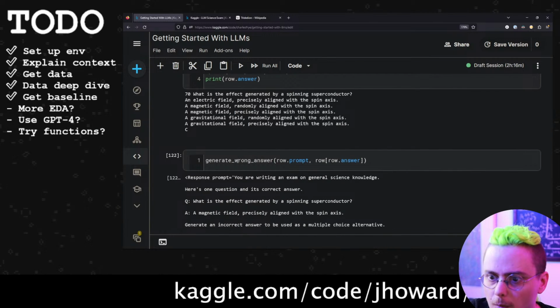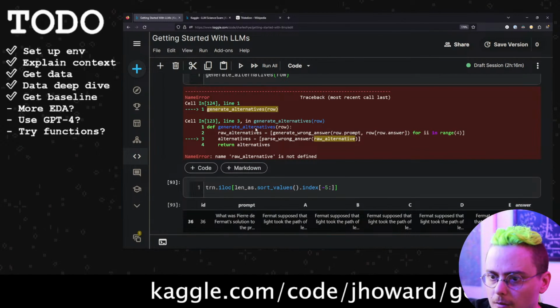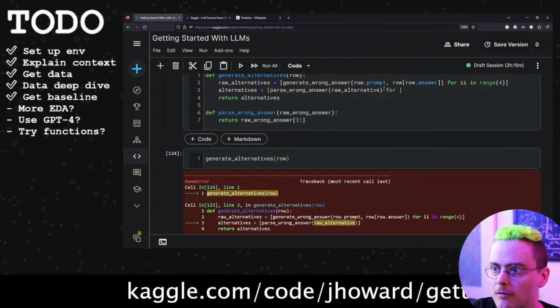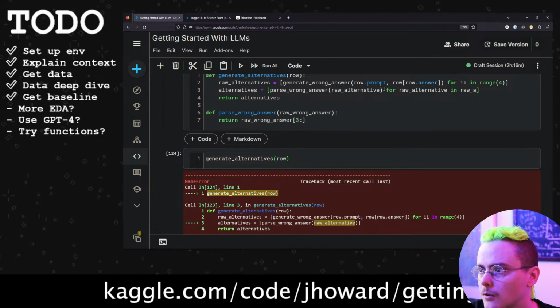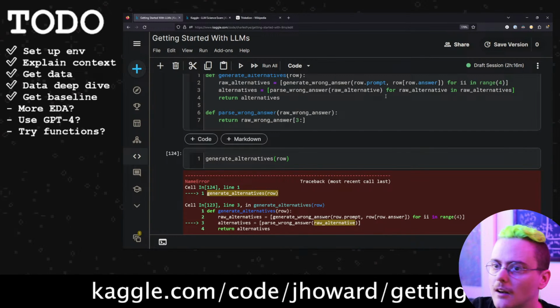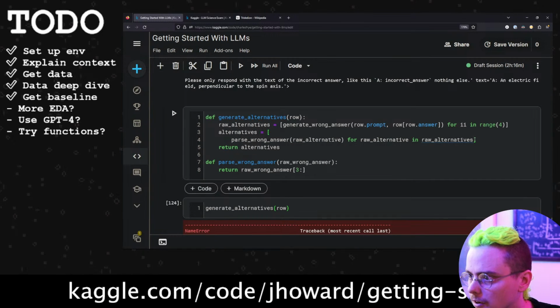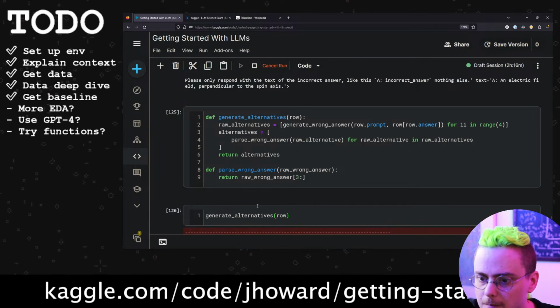Did I just call that row? I did just call it row. All right, generate alternatives row, raw alternative, right, for raw alternative in raw alternatives. I don't use Kaggle that much, so I haven't set up an IDE type environment here that would help me not make silly mistakes like forgetting to define a variable.